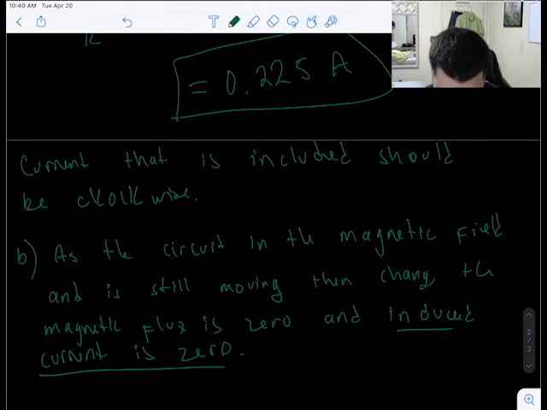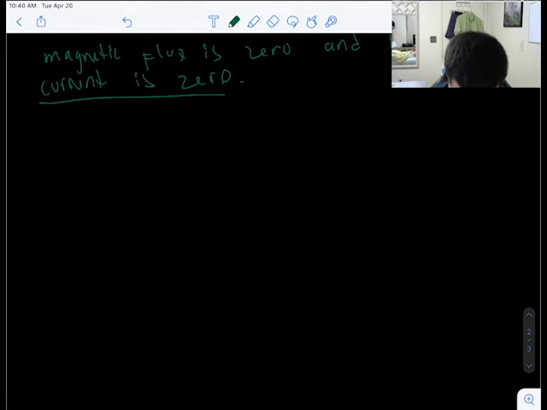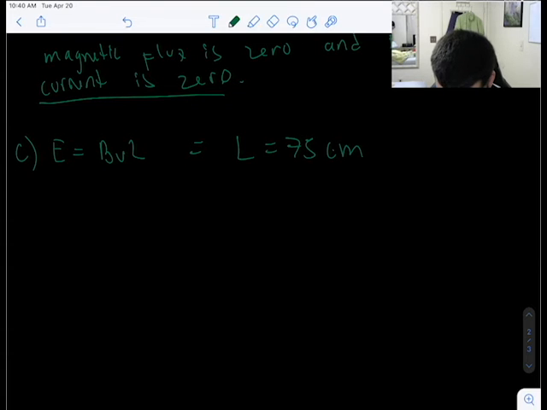So now we're going to find out, as the circuit is going out of the magnetic field, what the induced current will be. Let's call that part C. We already know that E equals BVL, and our L, which we already saw, is 75 centimeters.